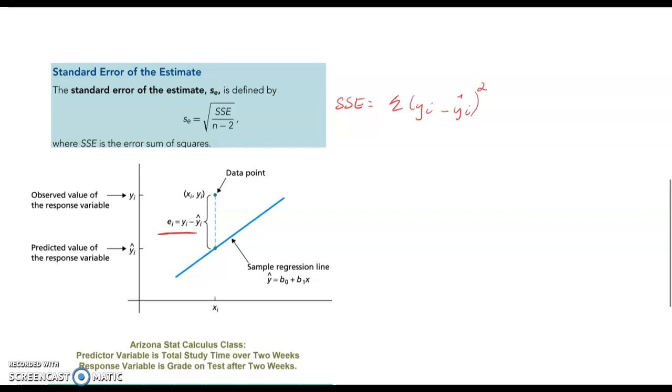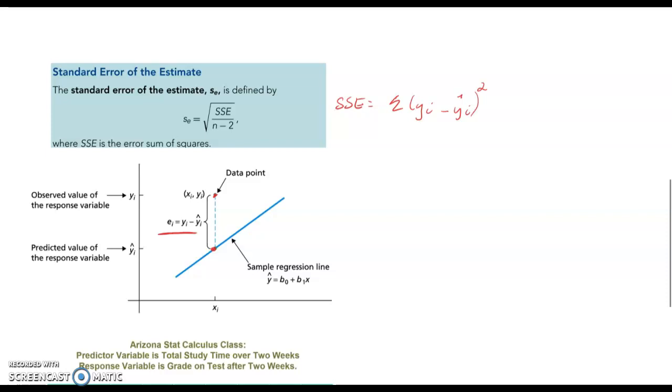A residual value, as you can see down on this graph, is that difference between our raw data point and the response value we would get if we used our regression equation. So it's the difference in the observed value and the predicted value of the response variable.